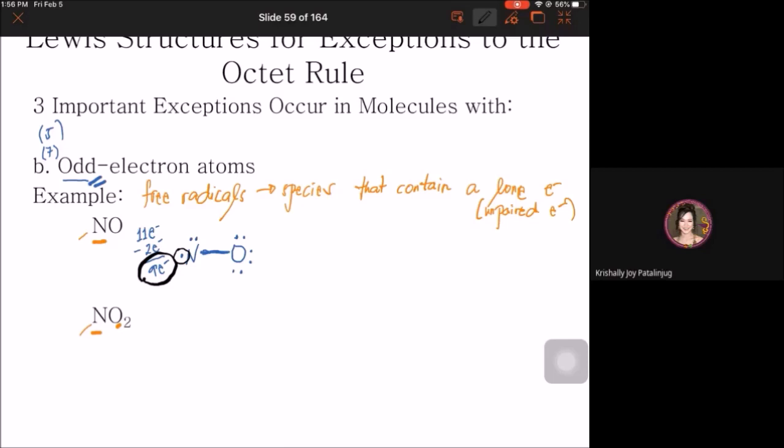Okay, we can have another structure actually ng nitrogen monoxide here. Di ba? Instead na una kang mag-distribute sa oxygen, pwedeng mag-distribute ka muna kay nitrogen tsaka kay oxygen. So, okay lang din ganun. So, meaning meron siyang somehow resonance form, another Lewis structure pero of the same molecule.